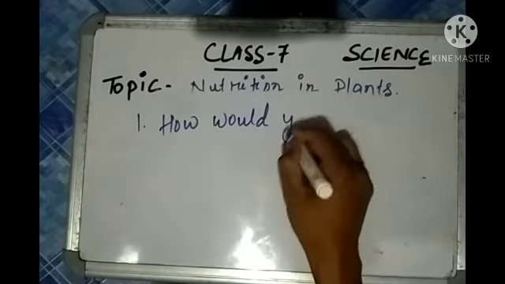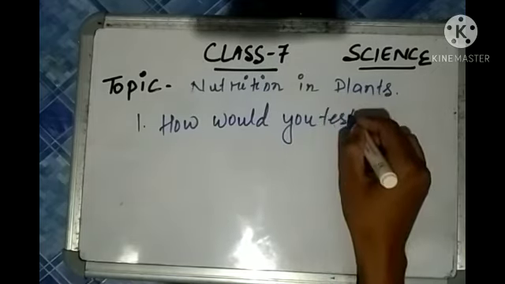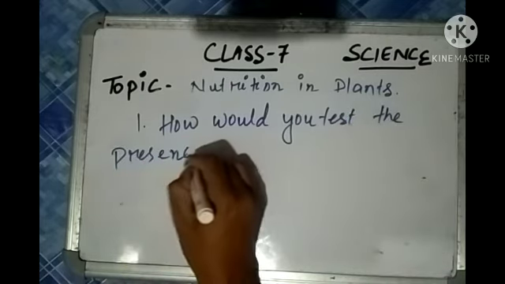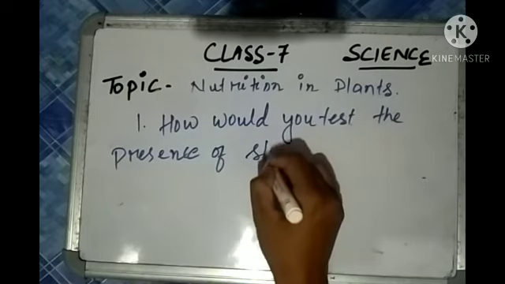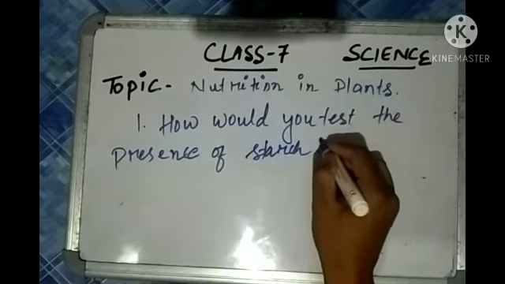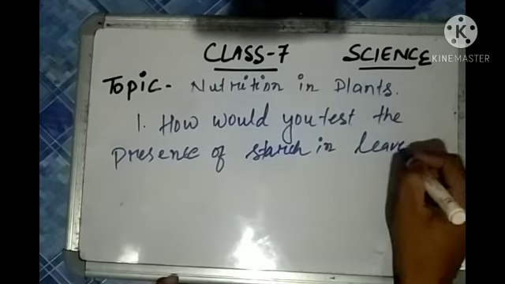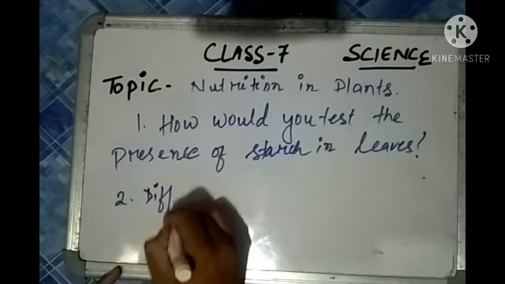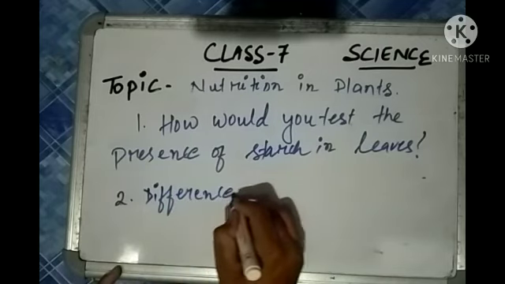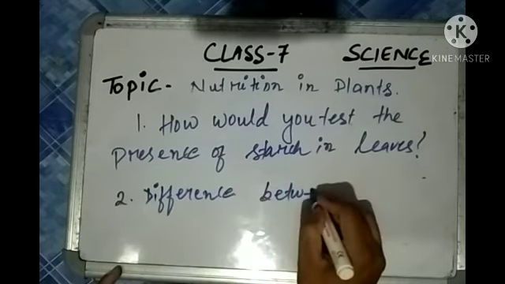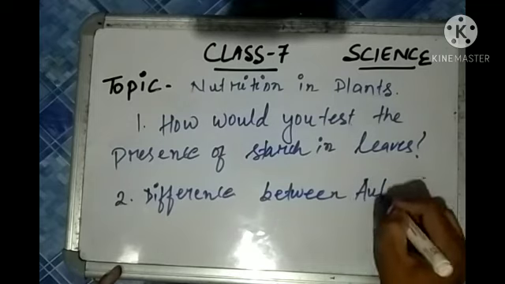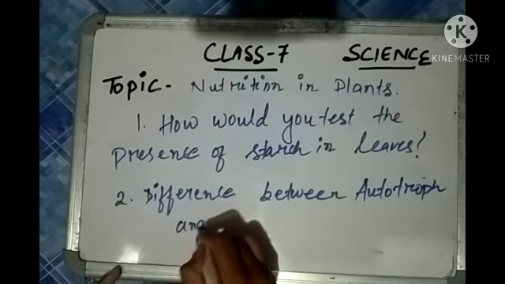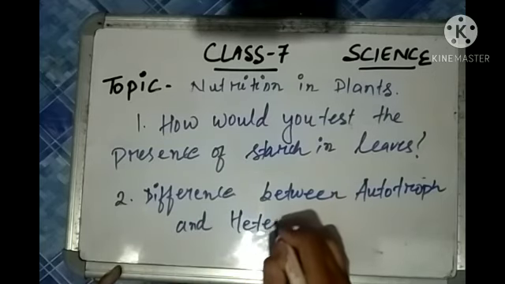How would you test the presence of starch in leaves? You are not supposed to write the answer in your classroom notebook. This is just for the evaluation. Difference between autotroph and heterotroph.